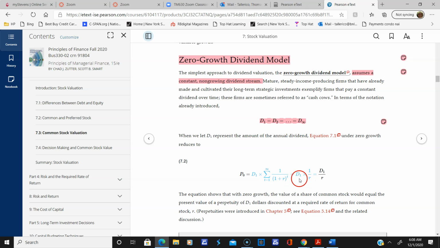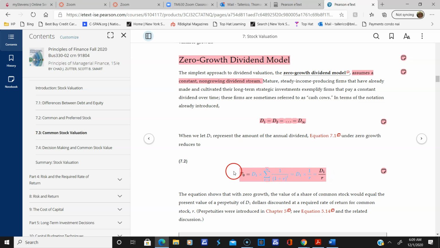under the zero growth model, the price of a share, and this is pretty theoretical, it doesn't always obviously hold, the price of a share of common stock for a stock that pays a constant dividend is going to be, forgetting about everything you see in blue, all we care about is the result on the right here. It'll be the dividend divided by your required return.